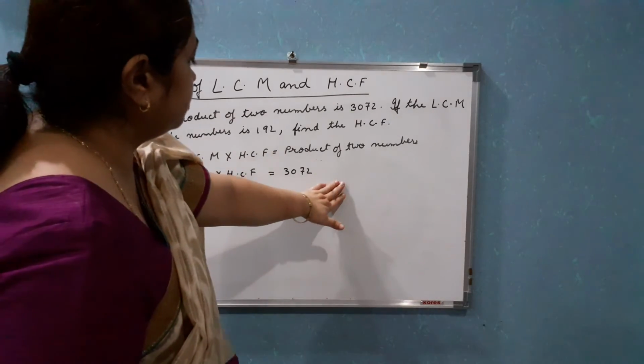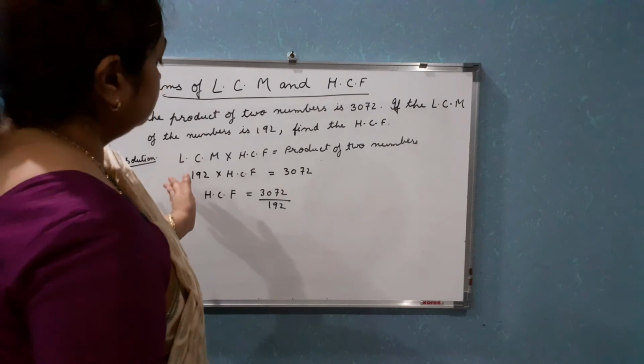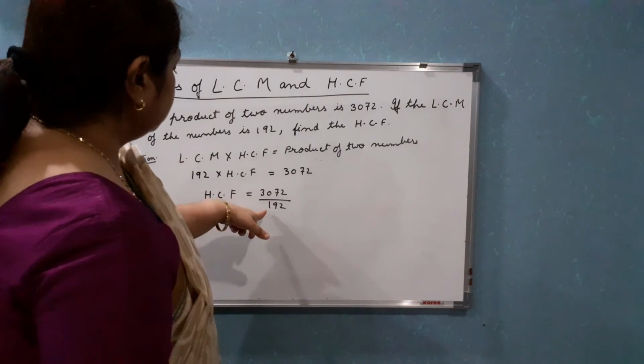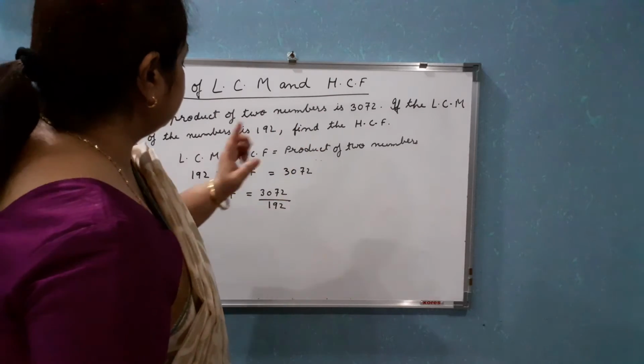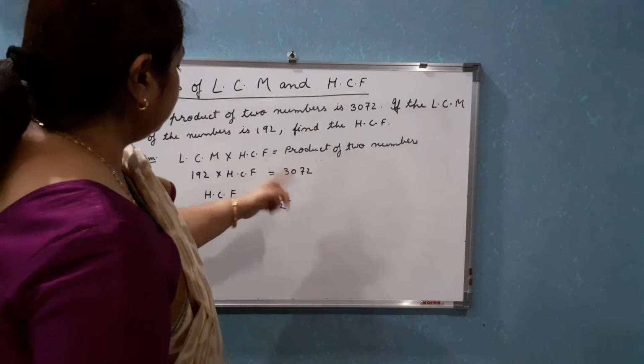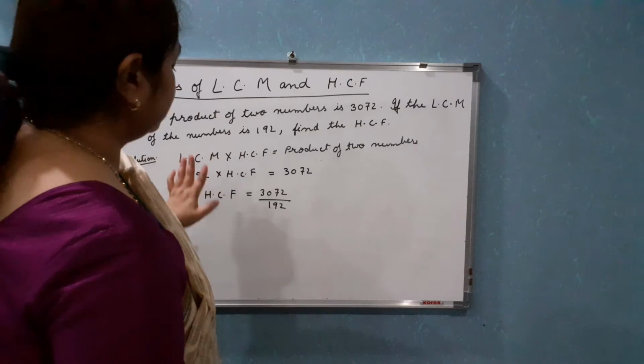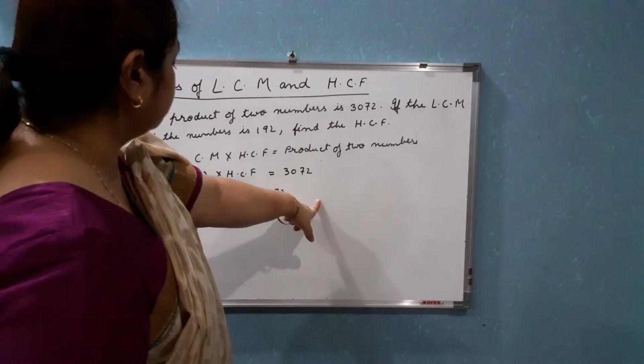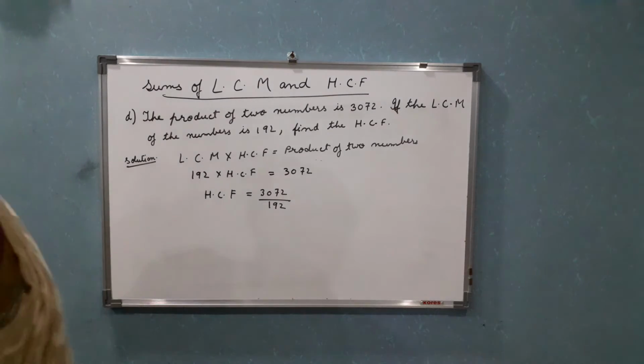This side, or from here it can come to this side also, according to the need of your question. So if here is multiply, it will be divide. When it will come right side, if here is plus, then it will be minus. If it will go to right side. So this I have taught you earlier.